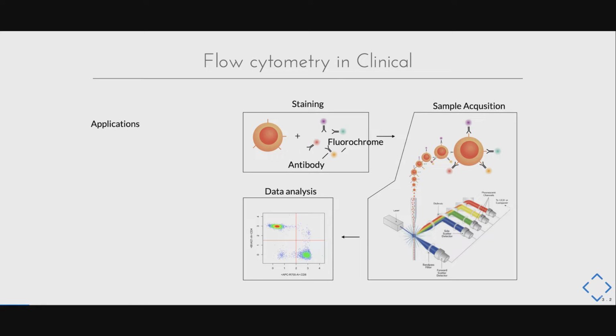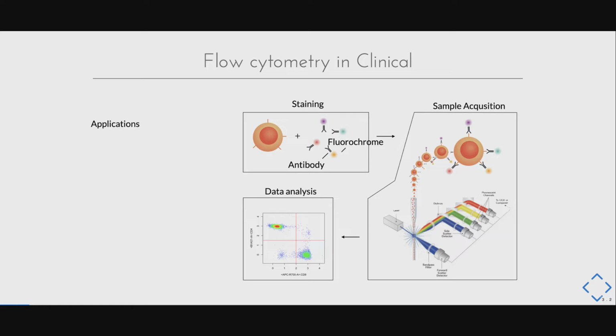These labeled cells are then analyzed by the flow cytometer, which detects the intensity of each fluorochrome on every single cell. These fluorescence intensities correspond to the antigen density on the cells, allowing us to identify the cell types, characterize their immune phenotypes, and quantify their proportion within a given sample.